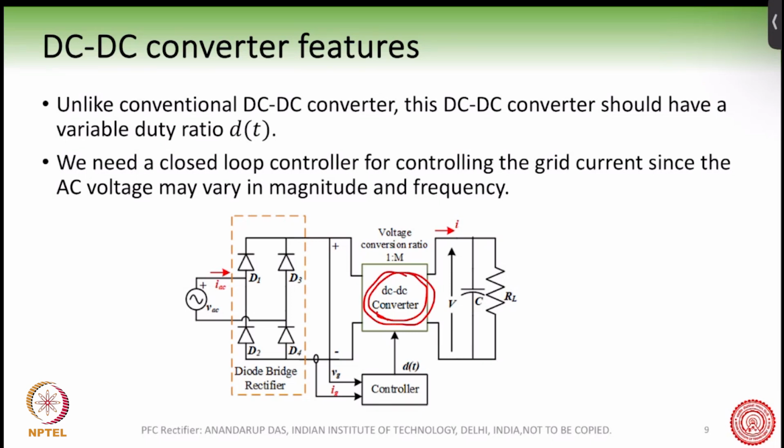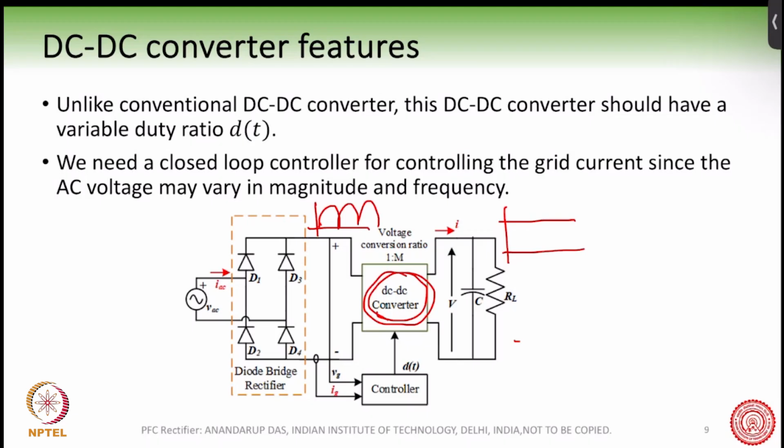But in this case of the DC-DC converter, we are already seeing a case where the input voltage is already a rectified voltage. Which means the voltage is continuously changing, whereas this output voltage here is fixed.